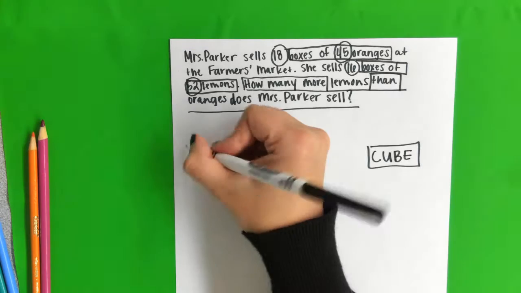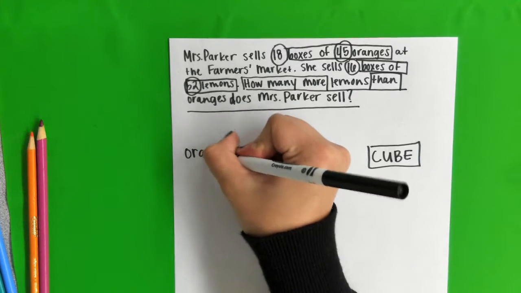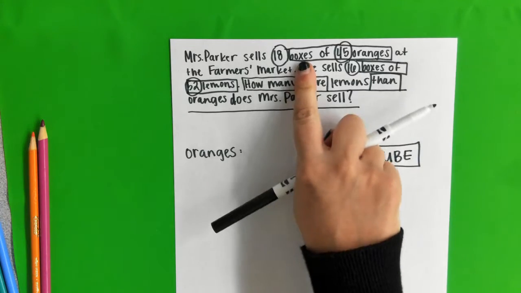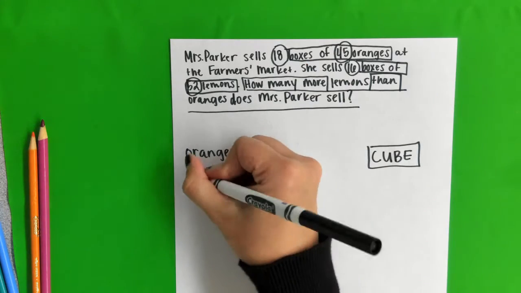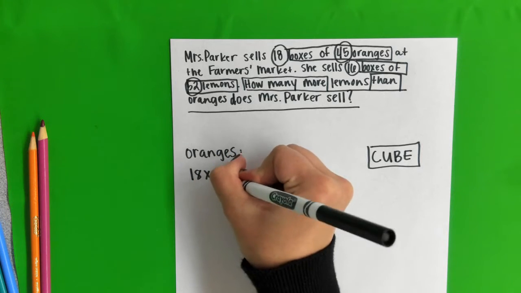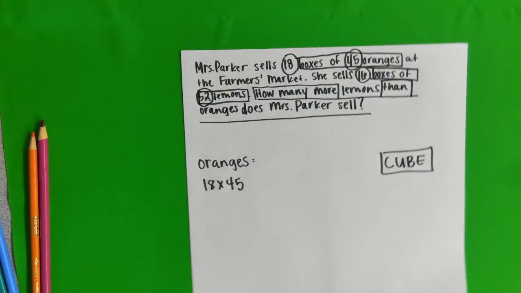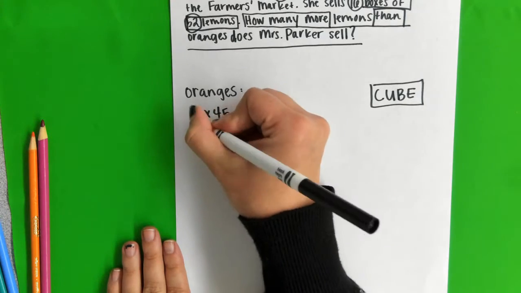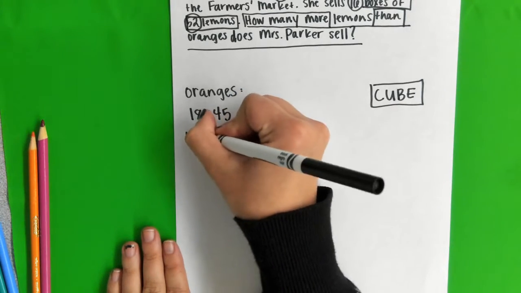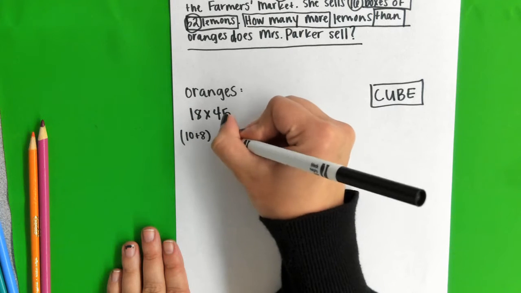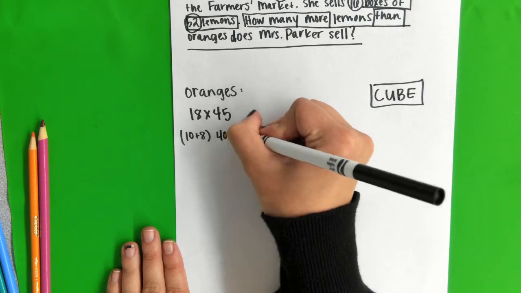So first I'm going to find out oranges. I have 18 boxes of 45 oranges, and I know that I can multiply those two numbers together to give me how many total oranges I have. But 18 and 45 are pretty big numbers, so we're going to break it down. 18 turns into 10 and 8. 45 turns into 40 and 5.